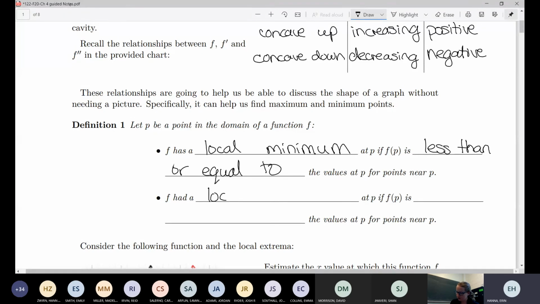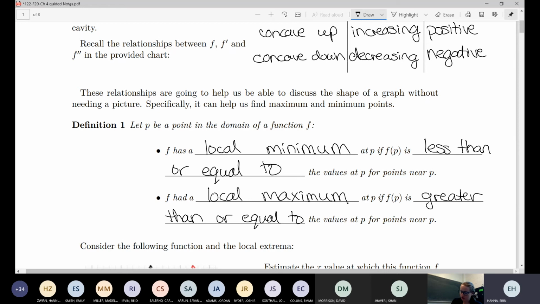And we have a local maximum if f of P is greater than or equal to the values at P for points near P.